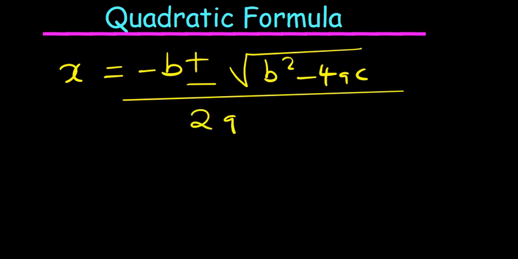So an example that we can solve, let's say we're told to solve x squared minus 3x minus 2 equals 0 by using the formula itself.